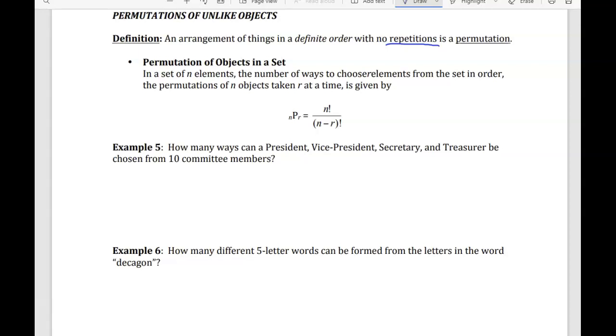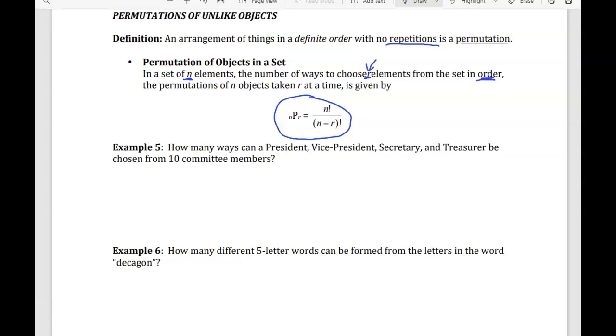In a set of n elements, so this is our total number of things we have to select from, the number of ways we can choose r elements, this is how many we're selecting, from the set in order, the permutations of n objects taken r at a time, is given by this formula. nPr is equal to n factorial divided by (n minus r) factorial.